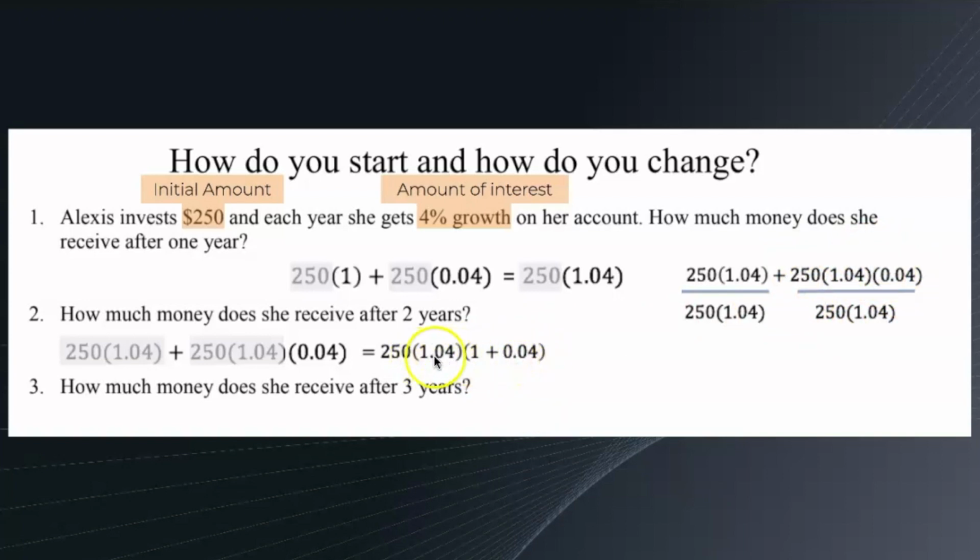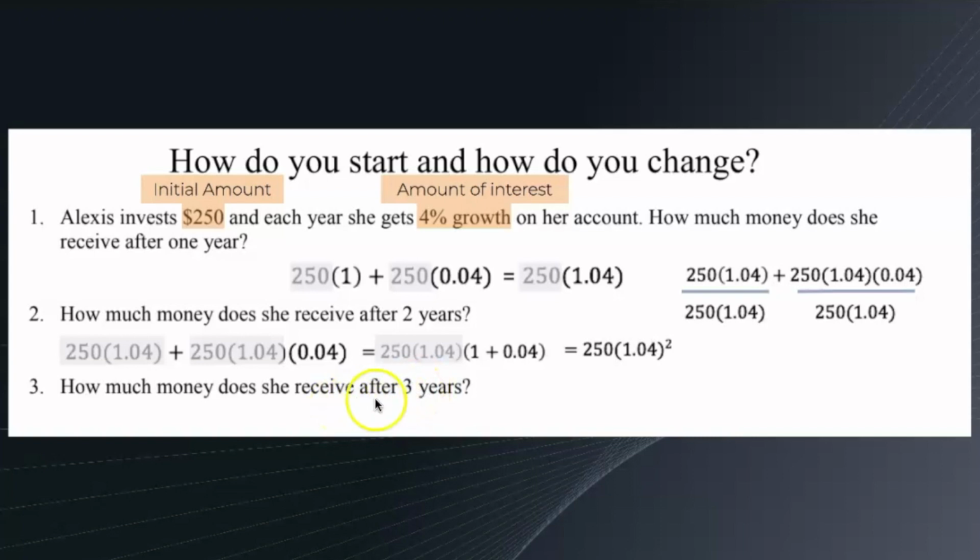As you can see, these are equivalent expressions, so we have 1.04 times the 1.04, so we can rewrite that expression as 250 times 1.04, that quantity squared.